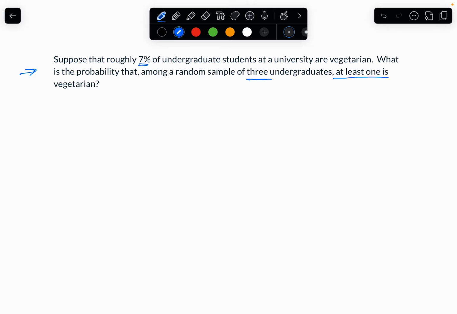I'm going to start off by thinking about this phrase right here, at least 1. So we're talking about 3 undergraduates that we're selecting. If I write this out, we have basically 3 people that we're selecting. I want to consider the number of vegetarians that I could have in this particular random sample. Perhaps none of them are vegetarian.